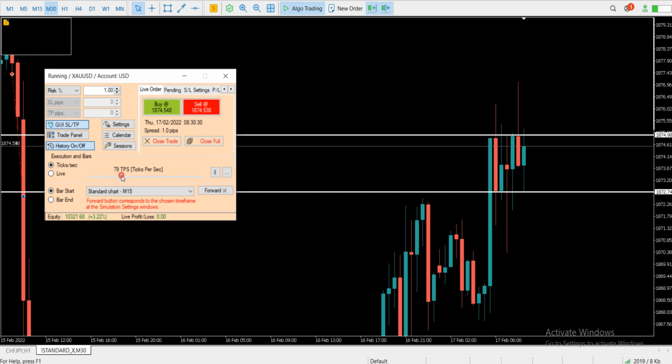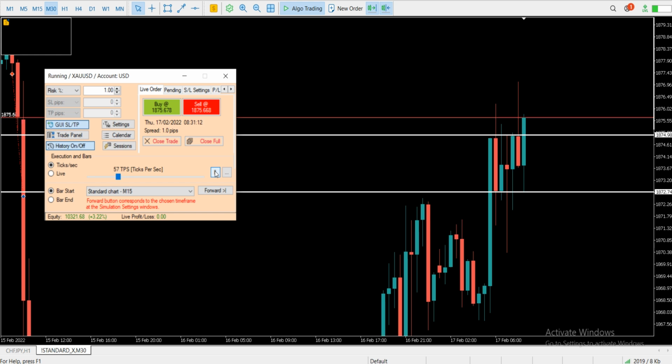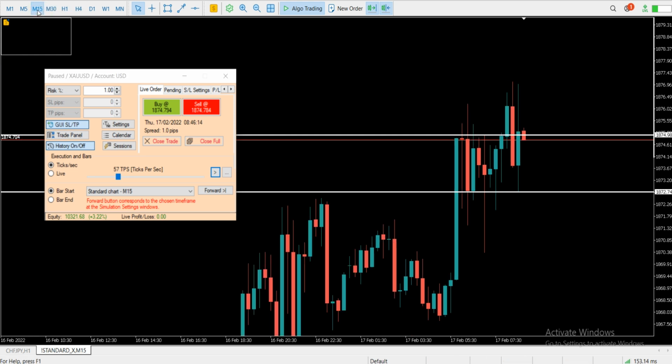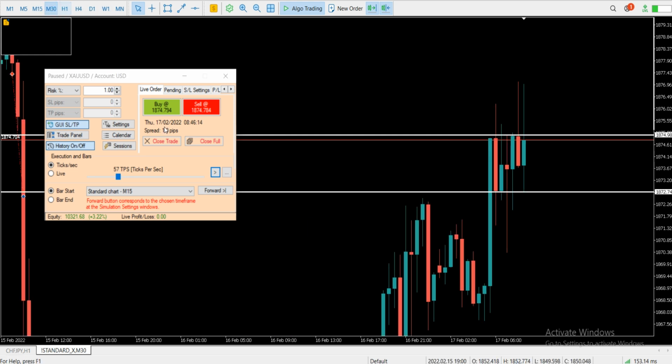Slow it down a little bit, it's so fast. Yeah, now if this candle closes above, then obviously there's a very high chance. Let's forward the candle. See, we rejected from that area, from the same area previously.